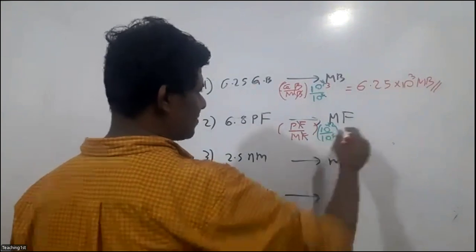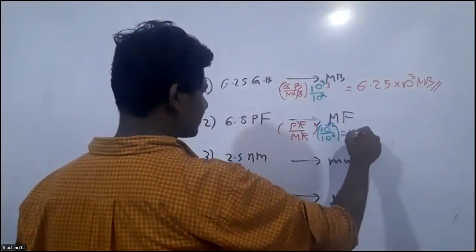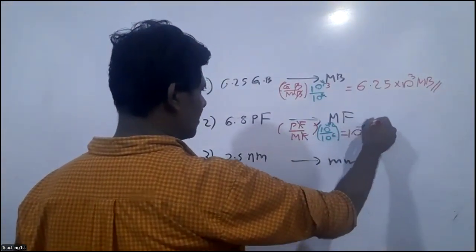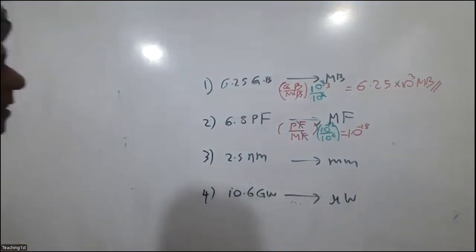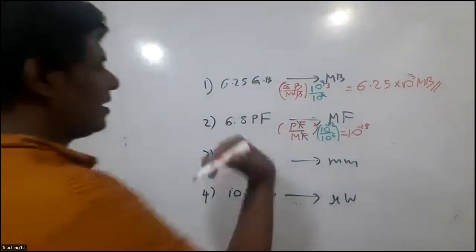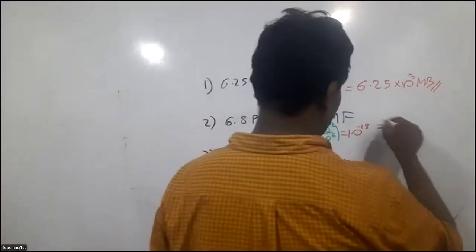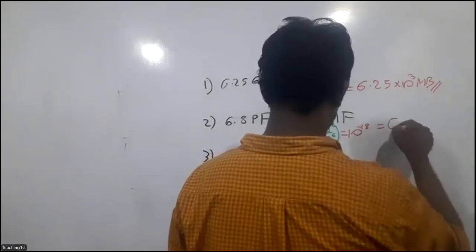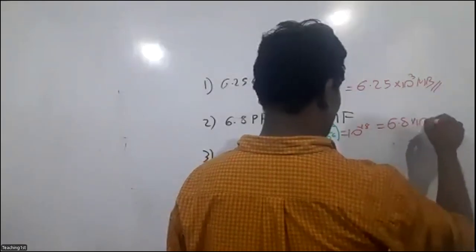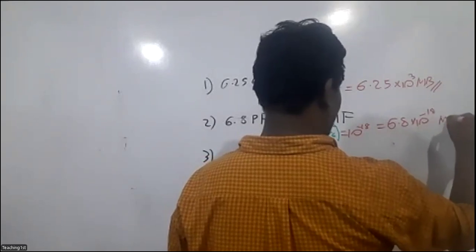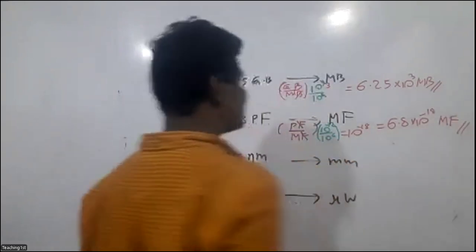So the answer becomes minus 18. Now have a good look at this. I'm going to multiply 6.8 into 10 to the power minus 18 megafarad. That's it.